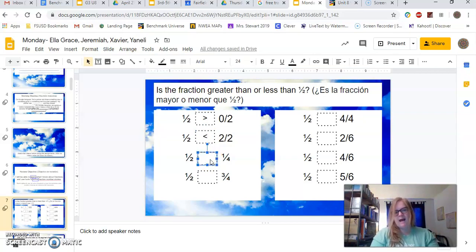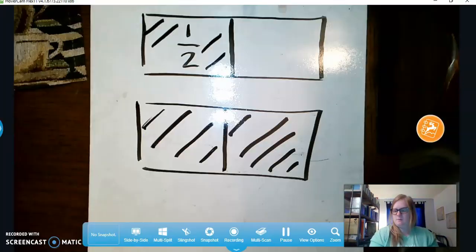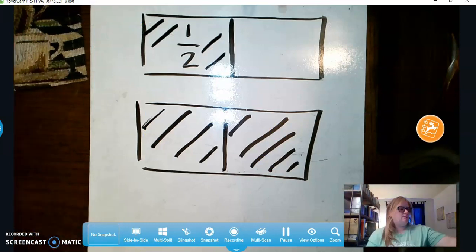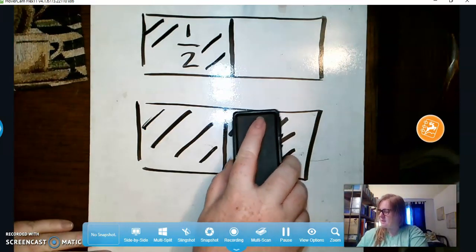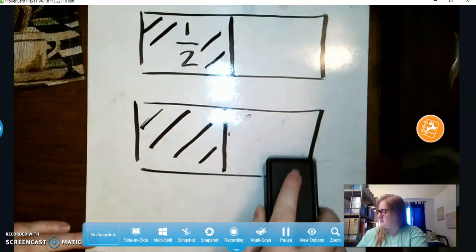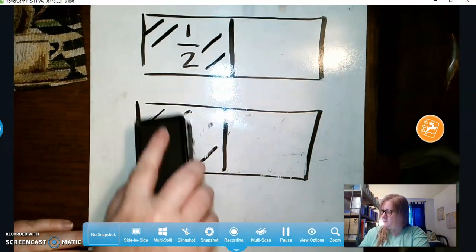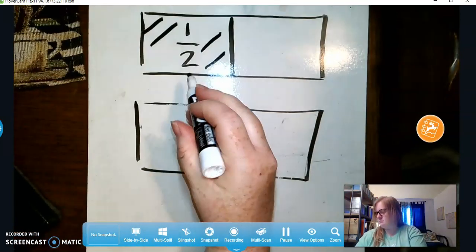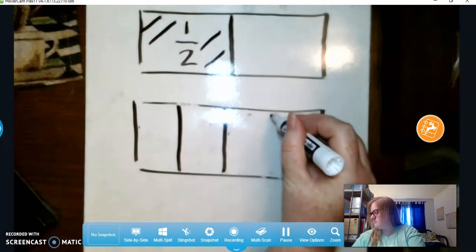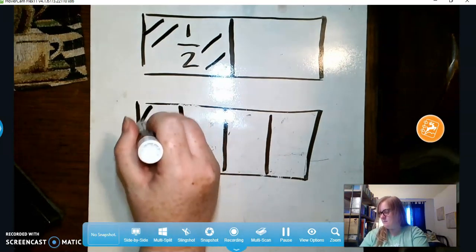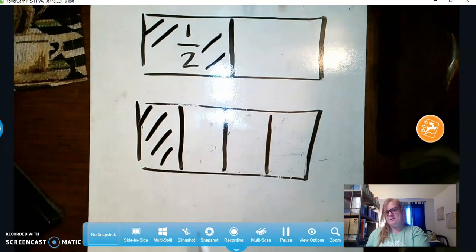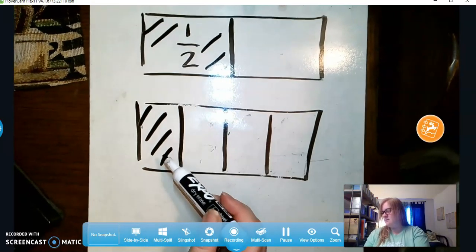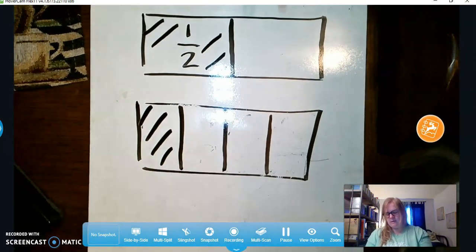Now, is 1/2 greater than or less than 1/4? Well, let's look at the hovercam. My eraser. Because this is split into halves, I need to split it into fourths. And it was 1/4. So, is 1/2 greater than or less than 1/4?